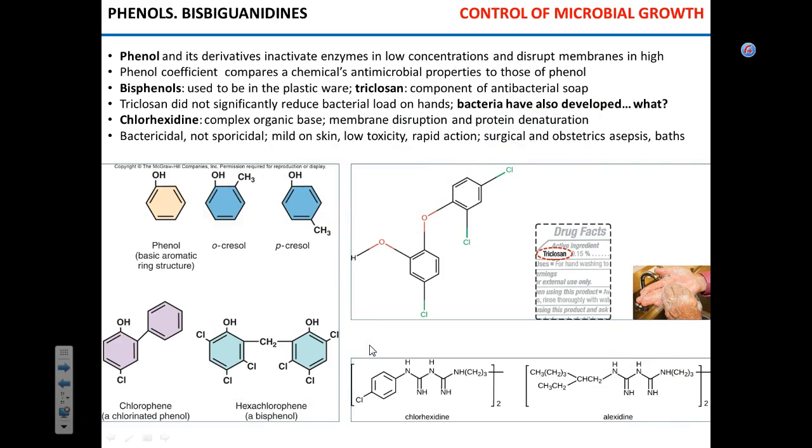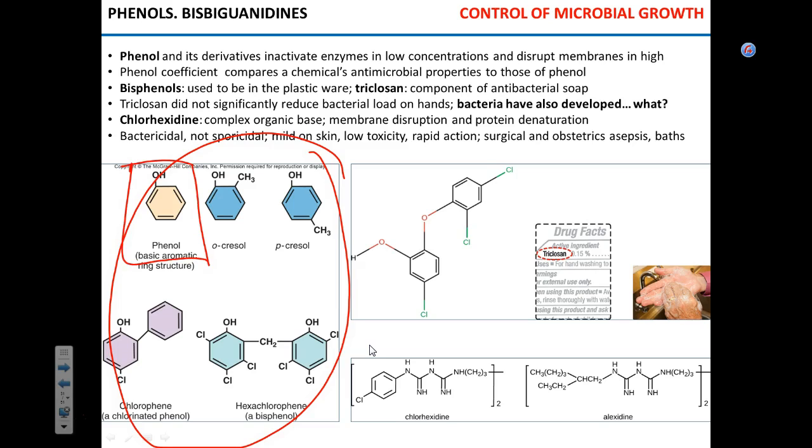Phenols and bisbiguanidines. Phenols, shown on this picture here. Technically speaking, phenol is only this molecule. It's an aromatic compound. It's chemically active, solid at room temperature. If you take the phenol crystal between your fingers, you're going to get a mild chemical burn.